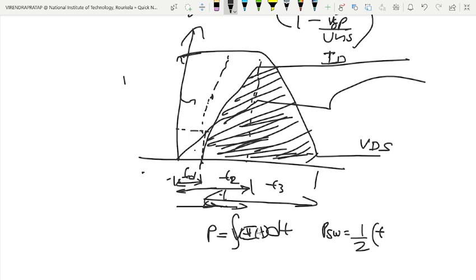But here I am considering the delay time from here to here. In some cases, it is considered from here to here. But in these cases, T2 minus T1 is the delay time, TD.